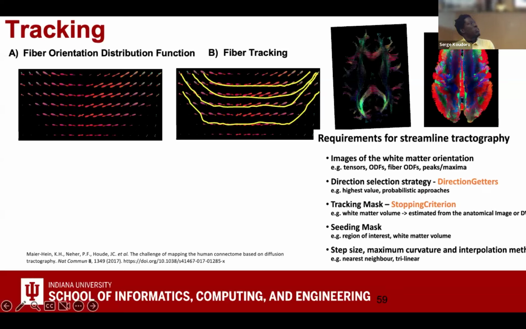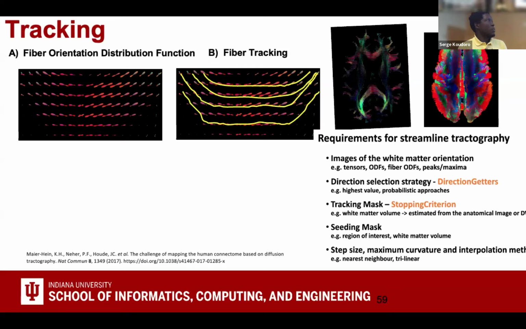It takes, of course, a mask to know where you want to track. Some people just want to track a specific region because they look for a specific track. And you need a seeding mask, meaning that is where you start your tracking. Usually we put one seed on every single voxel and we start to track from every single voxel.